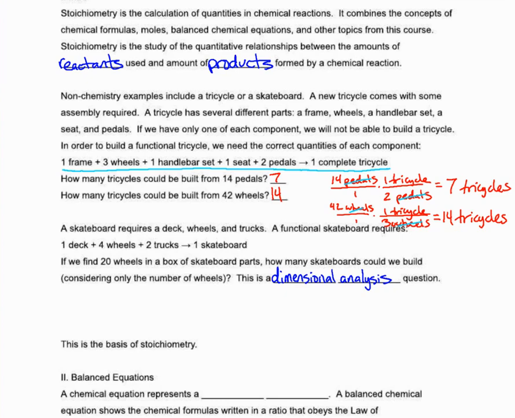So this dimensional analysis question: if you find 20 wheels in a box of skateboard parts, how many skateboards could we build? And so we see from this balanced equation that we need 4 wheels for every 1 skateboard.